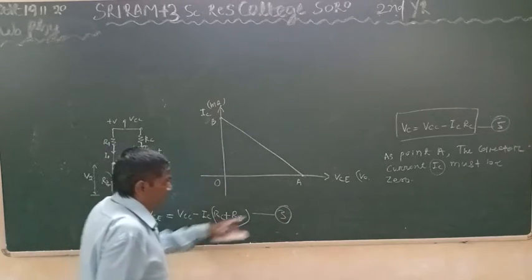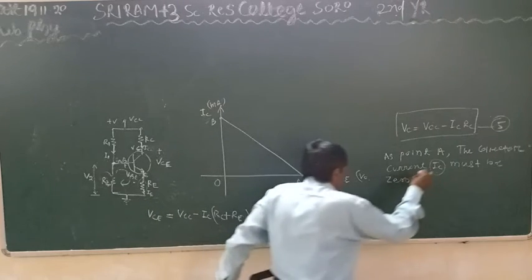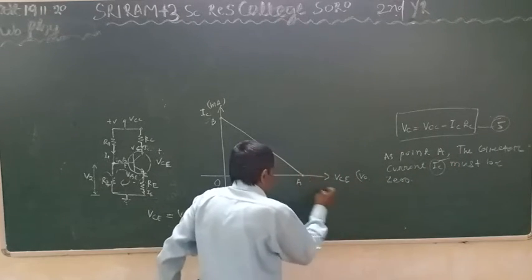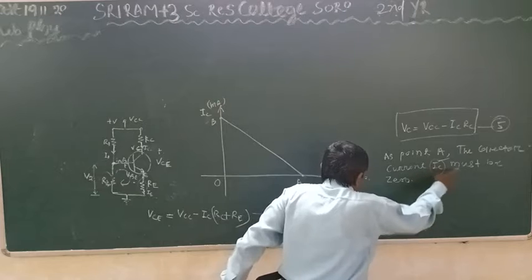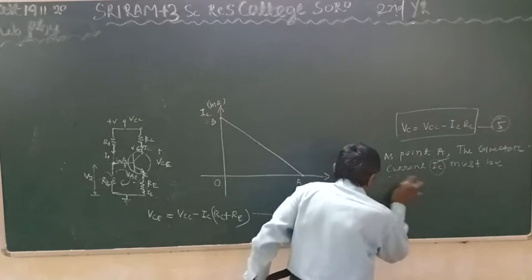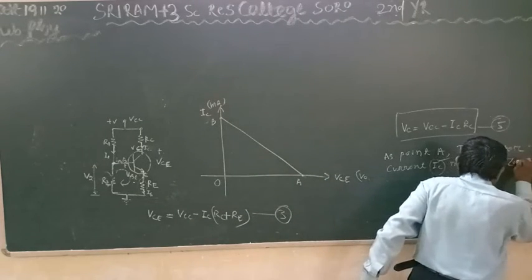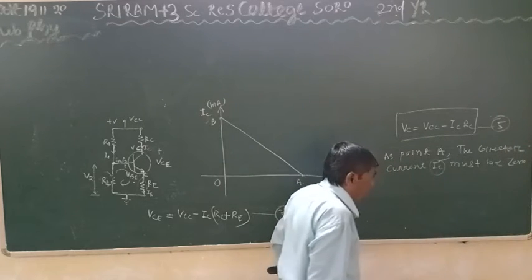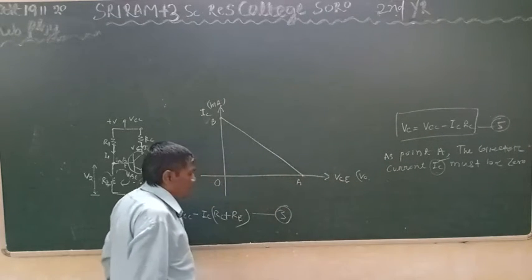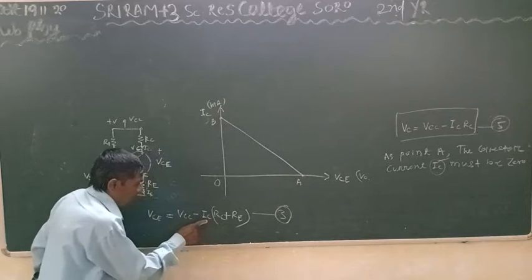Now here at point A, the collector current IC must be 0. Now put this value of IC in equation number 3.